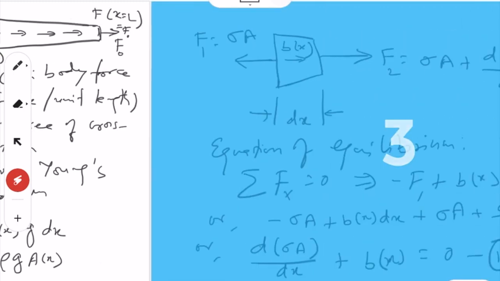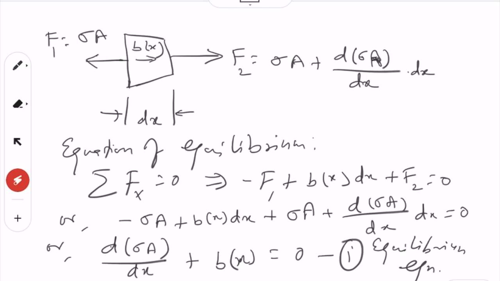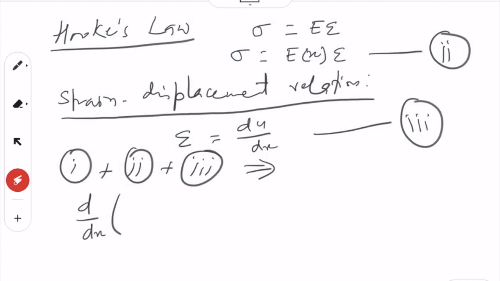So, accordingly we will write all those things. Sigma A is a function of x, where sigma itself is equal to E(x) times epsilon, and epsilon is du over dx.